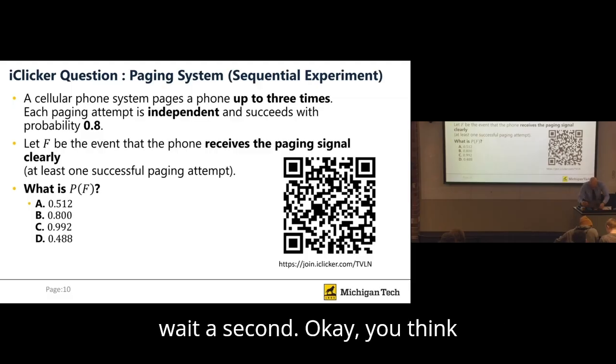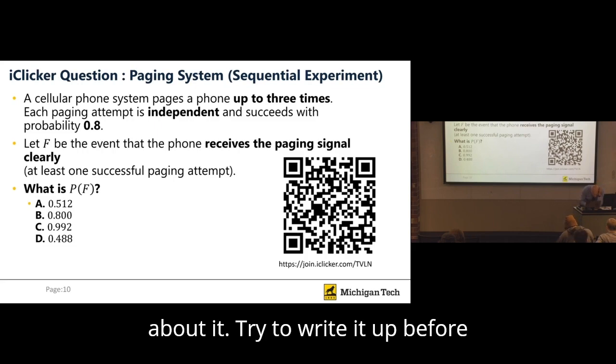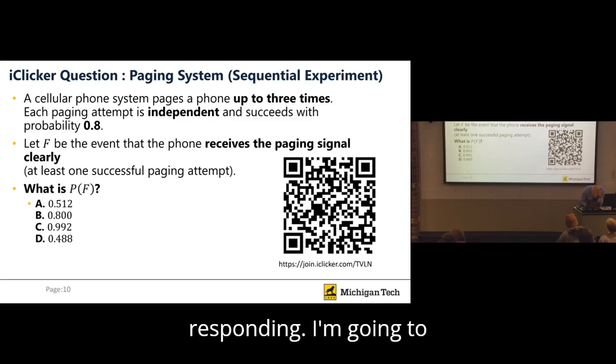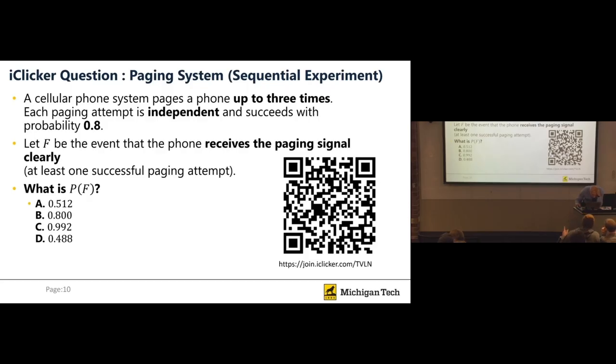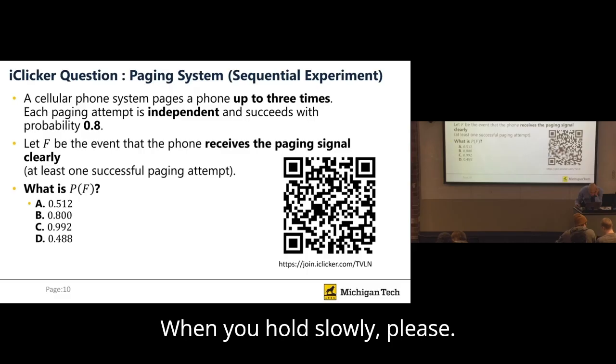You think about it. Try to write it up before responding. I'm going to make the clicker very soon. I want you all to solve it, please.